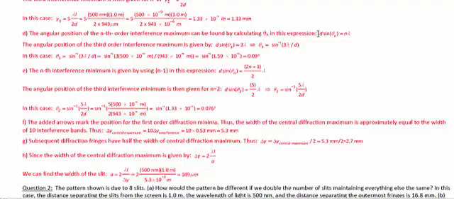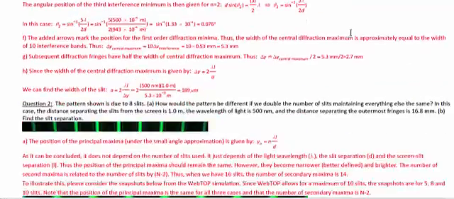This is applicable for 2 slits, 3 slits, 4 slits, 5 slits, whatever. It gives us the angular position of the principal maxima, theta sub n. Notice that this expression depends on the slit separation d and depends on the wavelength of the light. That's all. These are the only 2 factors.